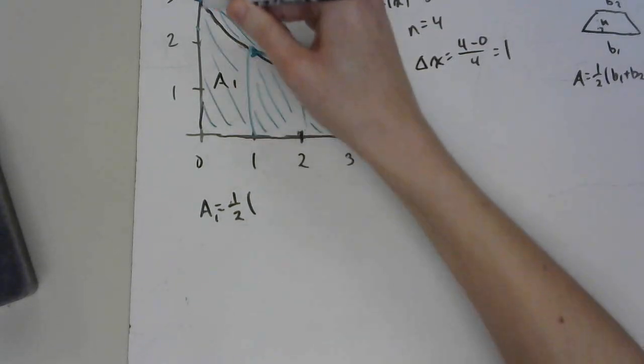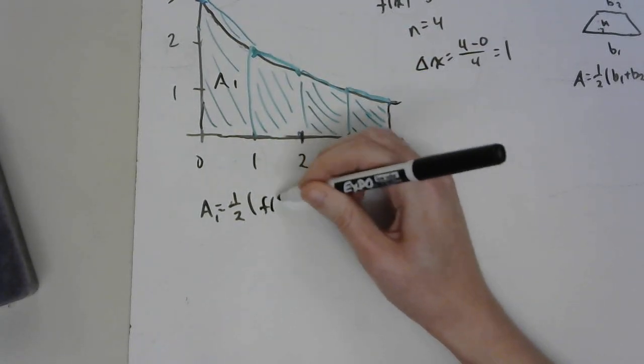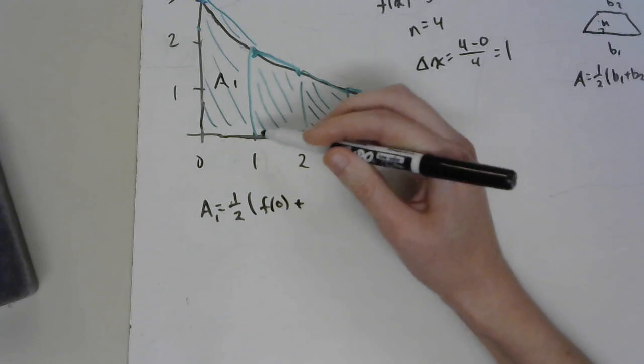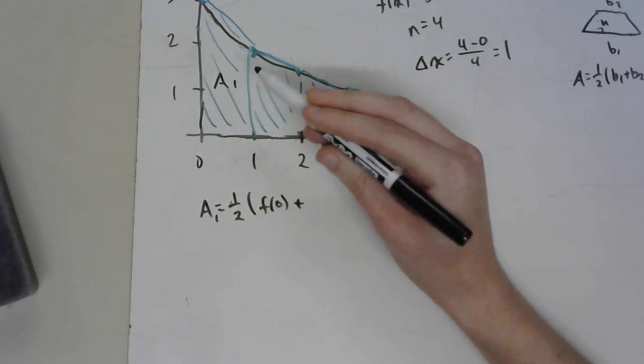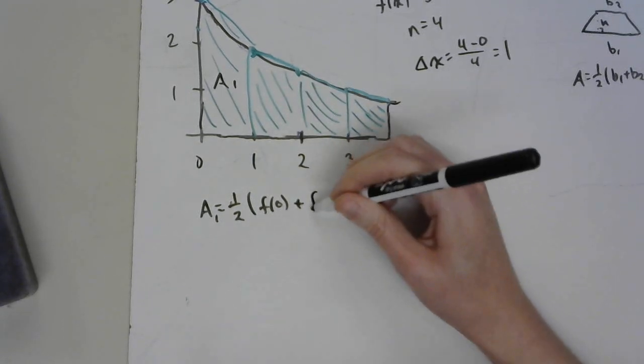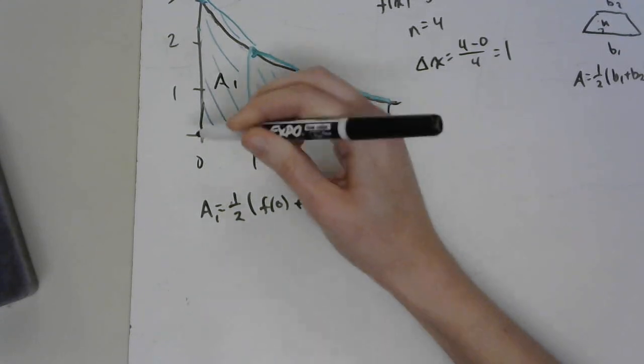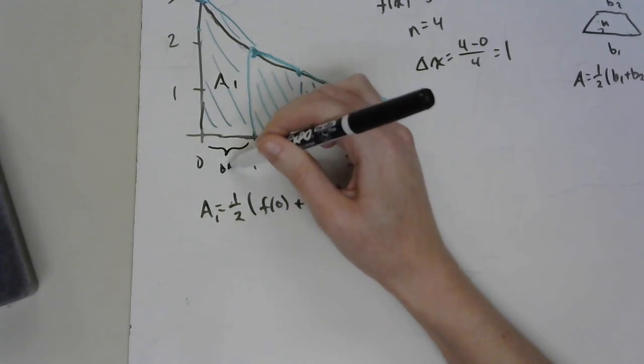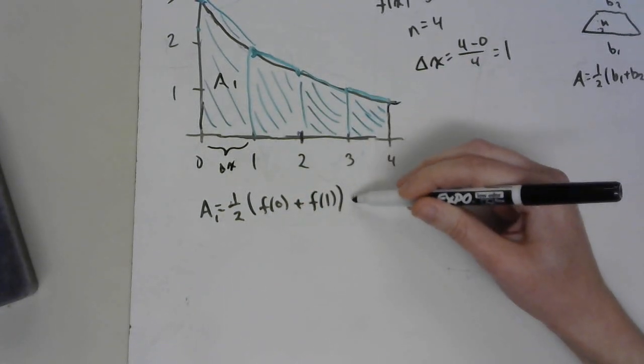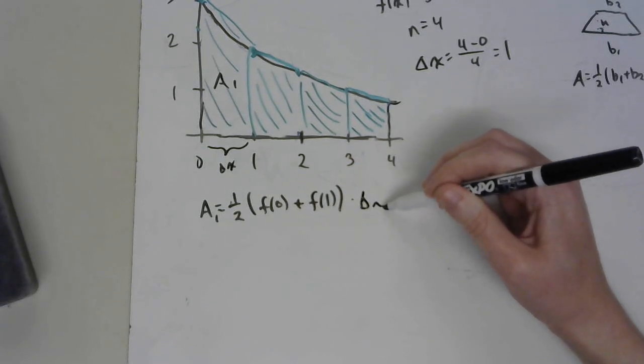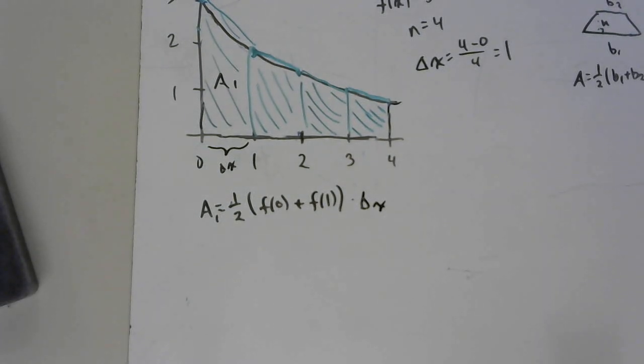That would have been my y value up here. So f of 0, I've got 1 right here, that would be my other base. And then my height right here, that would have been my delta x. I can keep on doing this for all of the other areas.